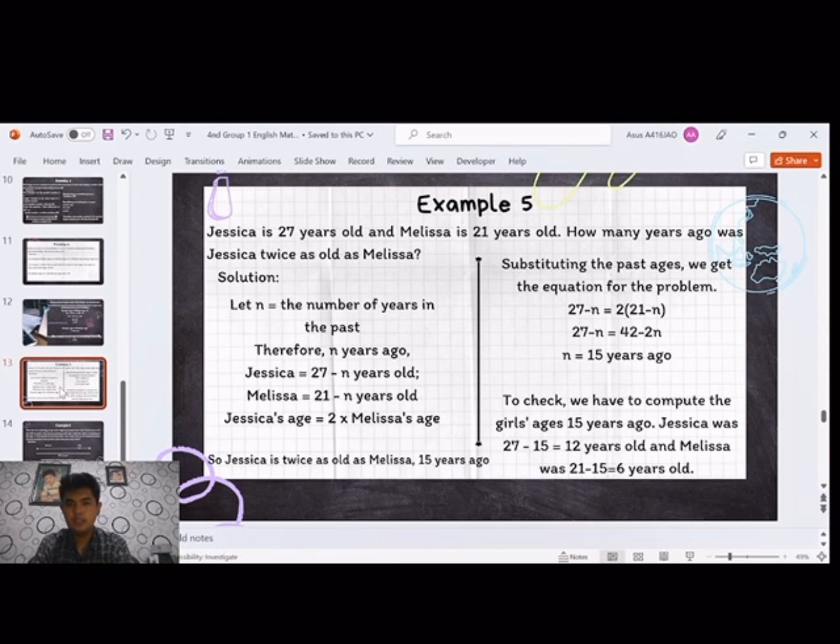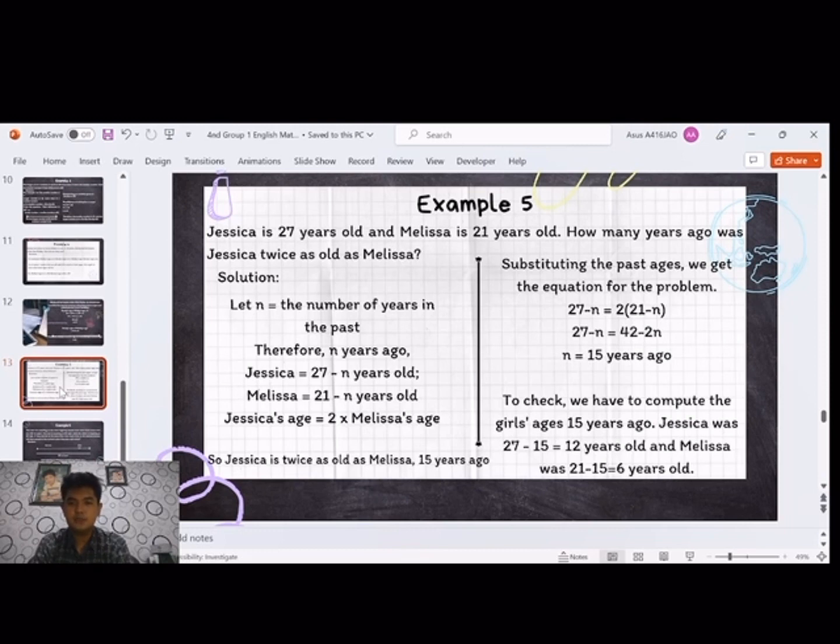Jessica's age is 2 times Melissa's age, so we substitute the past ages. We get the equation for the problem: 27 minus n equals 2 times 21 minus n. So it will be 27 minus n equals 42 minus 2n. n equals 15 years ago. To check, we compute the girls' ages 15 years ago.